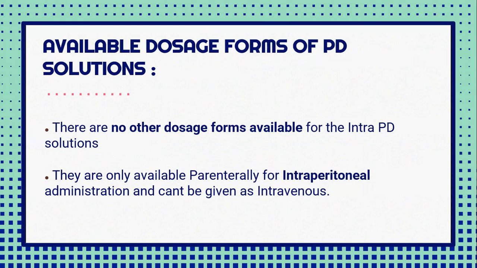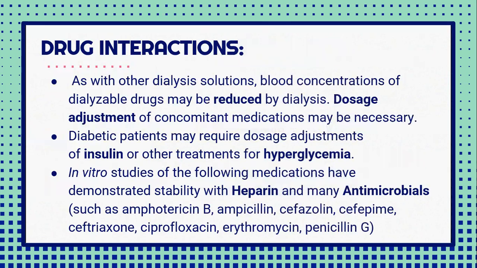The only possible route of administration is intraperitoneal. So the solution can only be administered parenterally by intraperitoneal means, and can't even be given as intravenous. And there is no other dosage form for intraperitoneal purposes for these dialysis solutions.